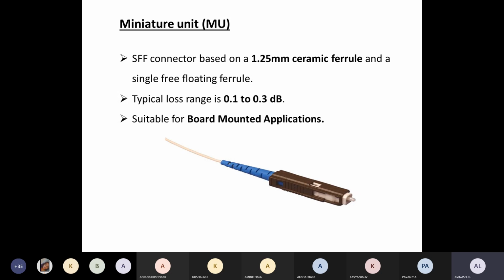This is suitable for board mounted applications. You can make a note of it. These are the features. What we are going to discuss in this topic are just the features, not anything in detail.